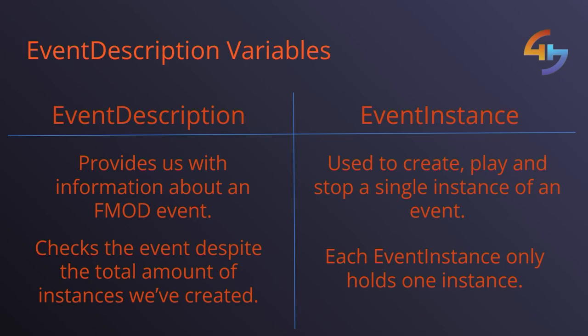Both store information about one of our FMOD events, but where an event instance variable stores a reference to a single instance or copy of one of our events, an event description variable stores a reference to the entire event itself. Event description is usually used for accessing information about an event through your script, instead of getting your event to play or stop during runtime like you would use an event instance variable for.